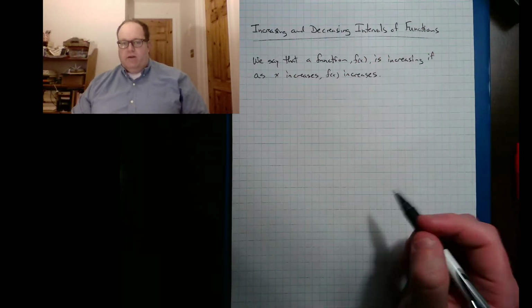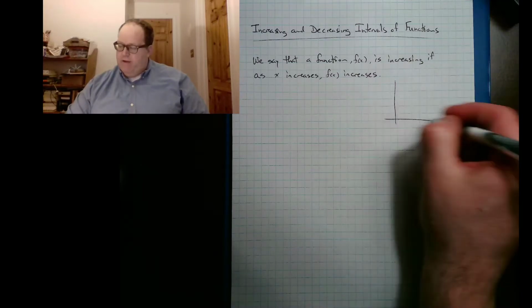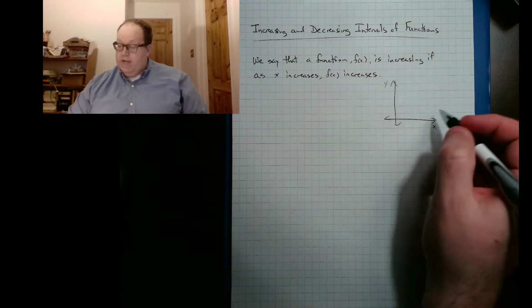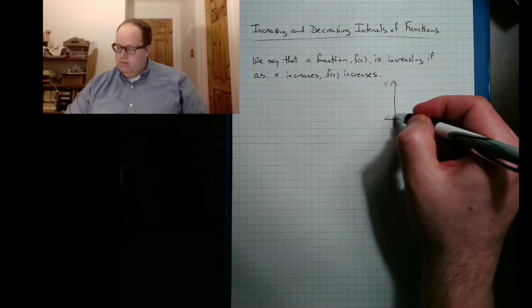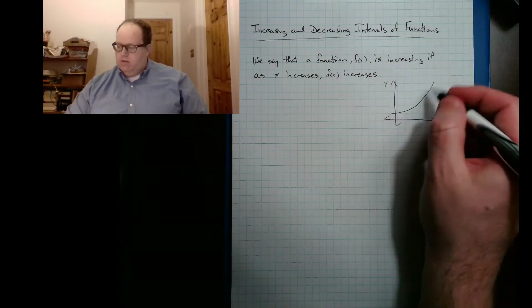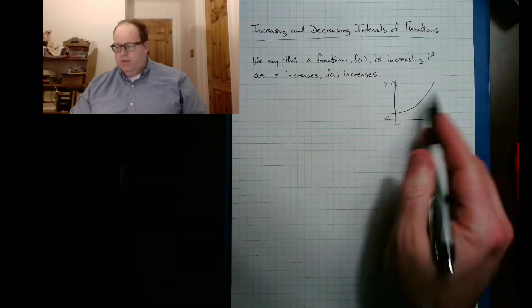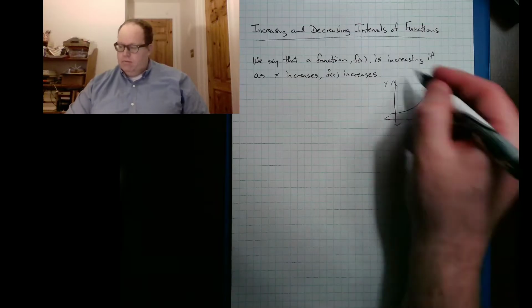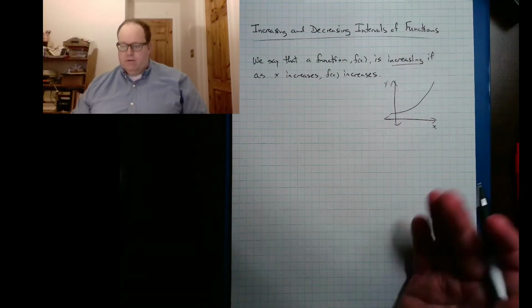If you were to look at it on a graph, basically you'd say that as the graph reads from left to right, the function also goes up as well. This would be an increasing function on this interval. And similarly, a decreasing function would be the opposite.